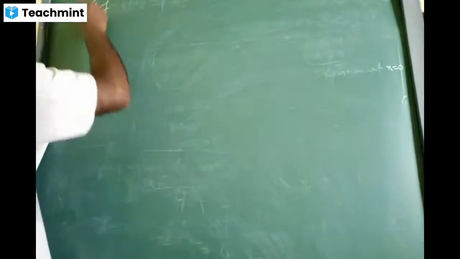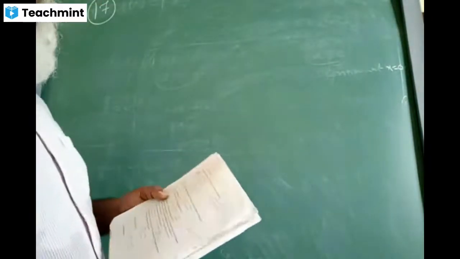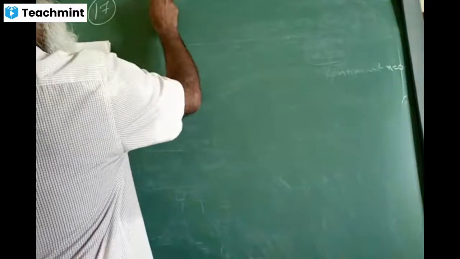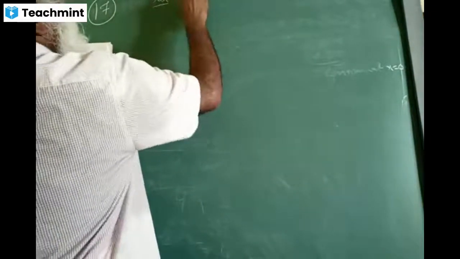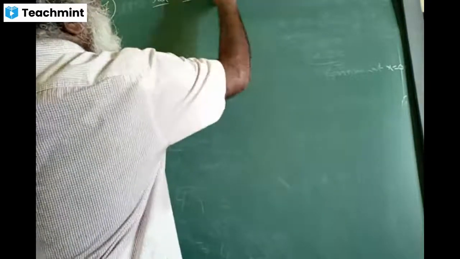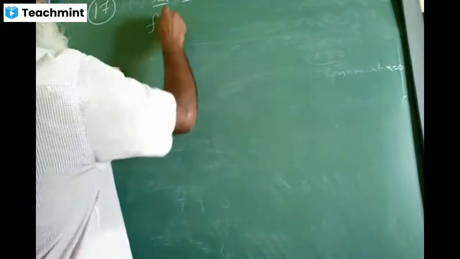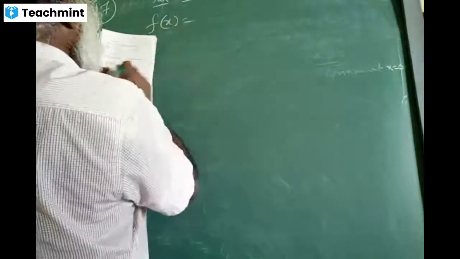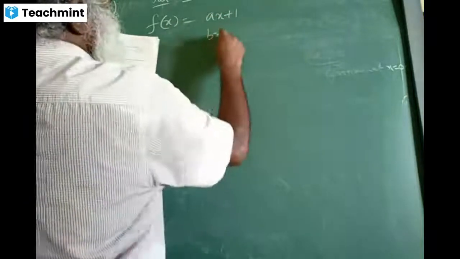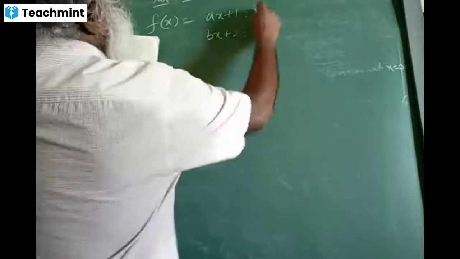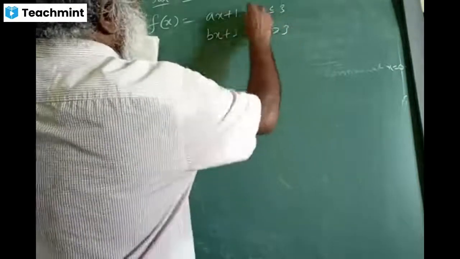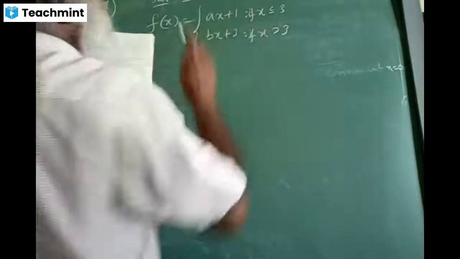17th one. Find the relation between a and b so that the function f defined by f of x equals ax plus 1 if x is less than or equal to 3, and bx plus 3 if x is more than 3, is continuous at x equal to 3.